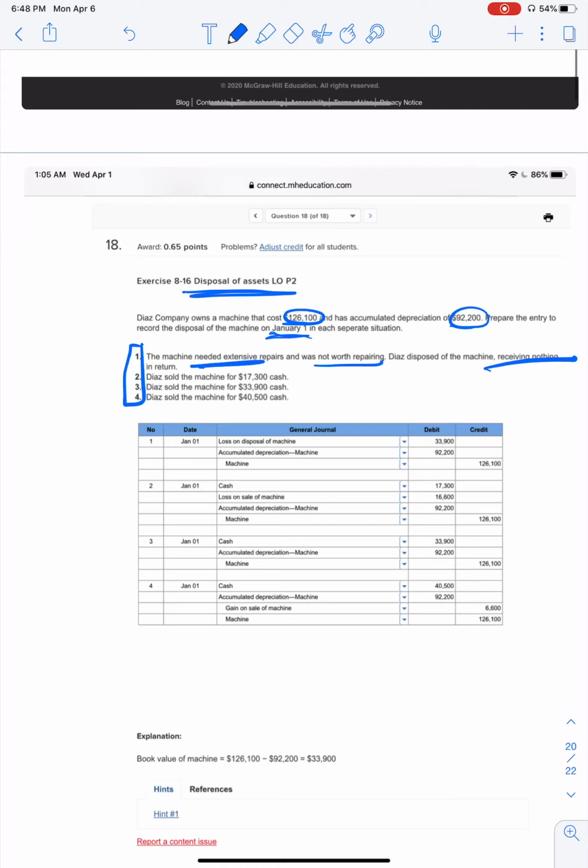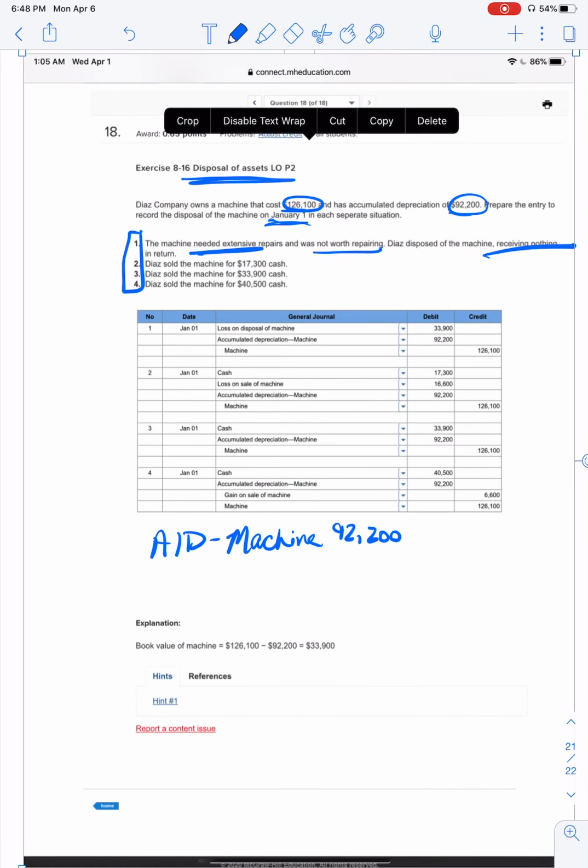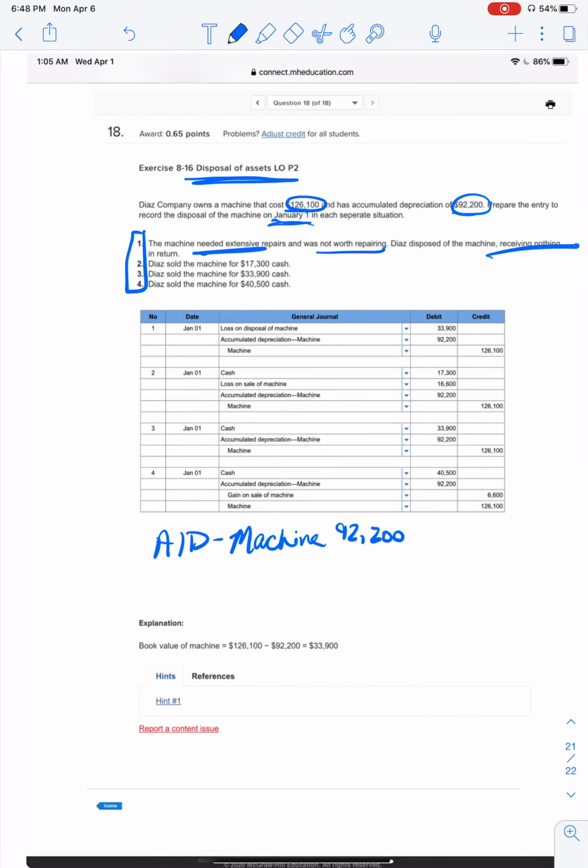So the first thing I would do is start with a debit to accumulated depreciation on my machine for the full amount, whatever that was, $92,200. Then I would credit my machine for the full amount, which is the $126,100 that we bought the machine for way up here.